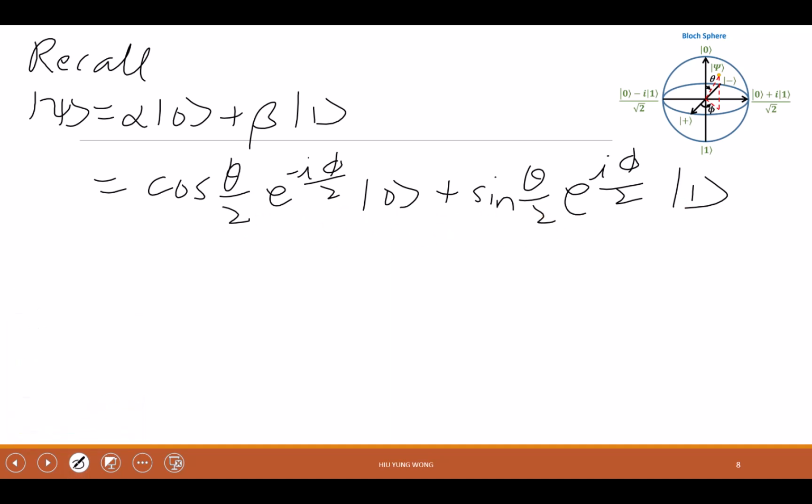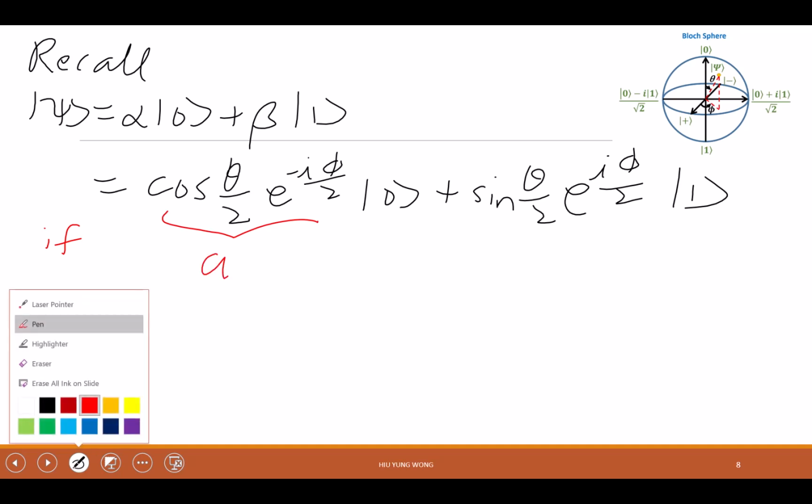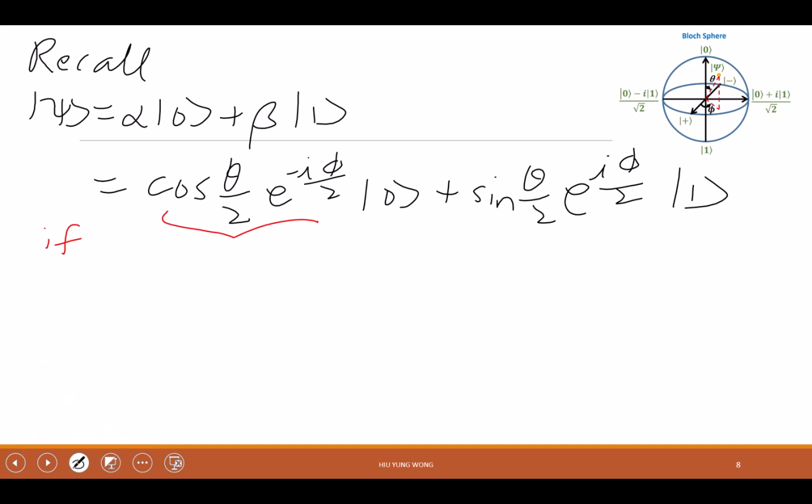Now, if the initial state, this part we can treat as alpha 0. Treat this part as beta 0, correct? That was its state at the initial time.